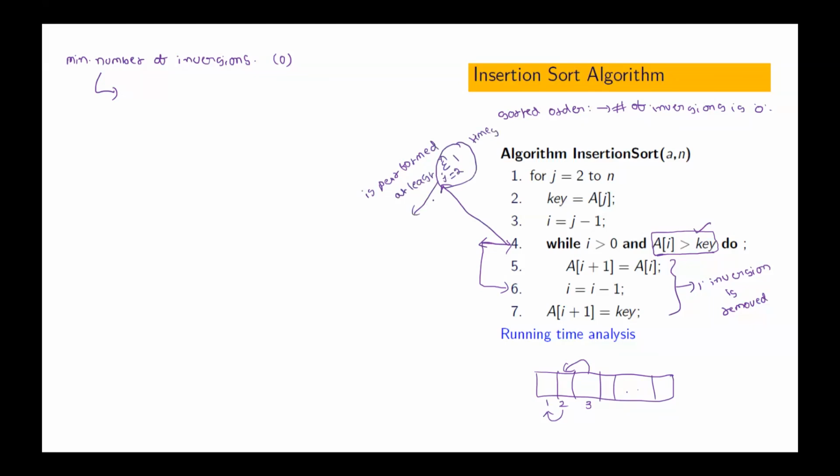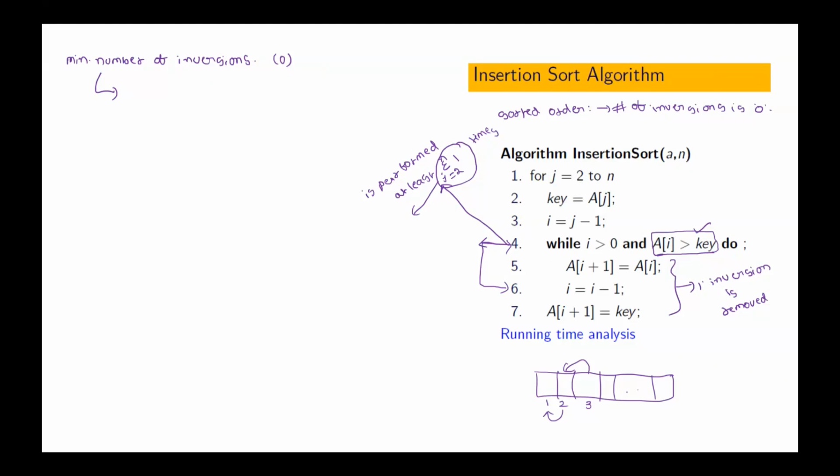Irrespective of the number of inversions, is it performed at least this many times or not? Is there any doubt at this point? The comparison given in step 4 is performed at least one time for each value of j.